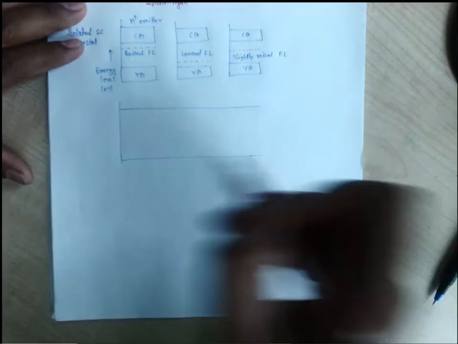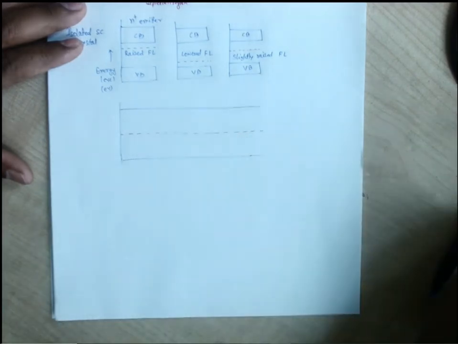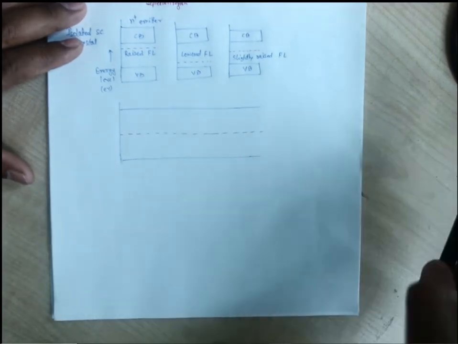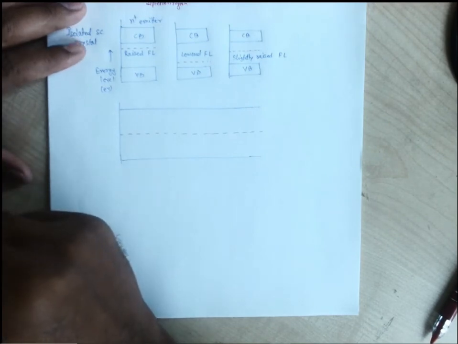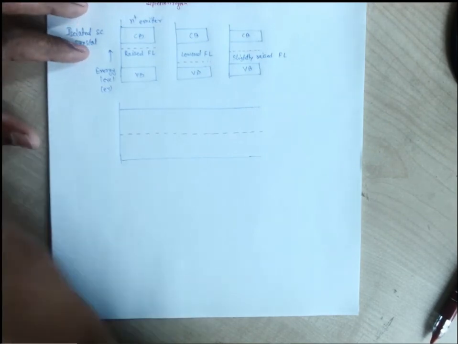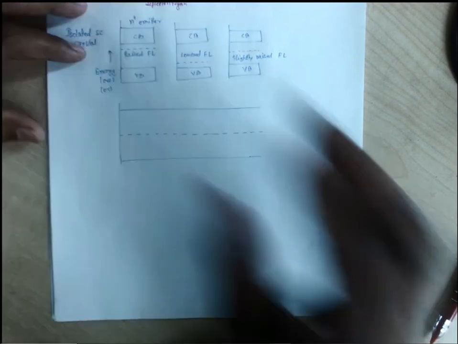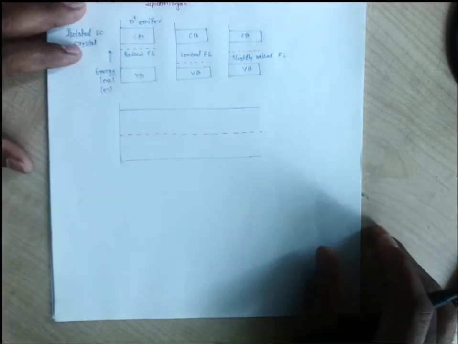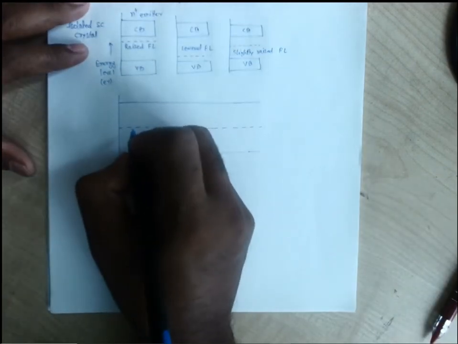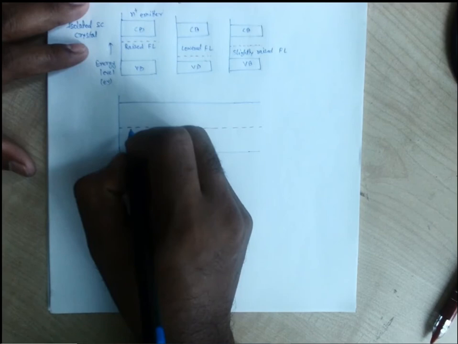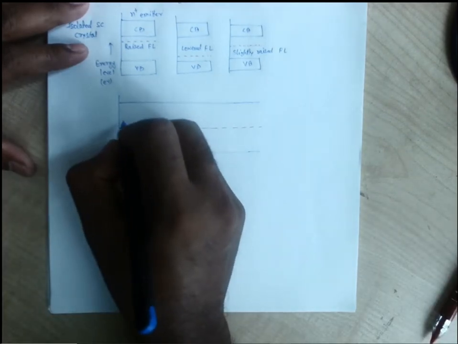This Fermi level should be at the middle. But our concept also says that for the N material, the Fermi level should be near to the conduction band. For the P material, the Fermi level should be near to the valence band. So the conduction band in the N material should be near to this Fermi level, so our conduction band will be like this.